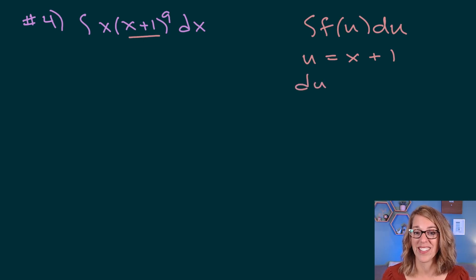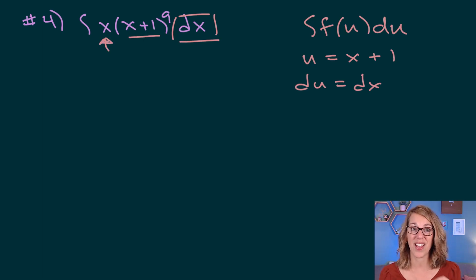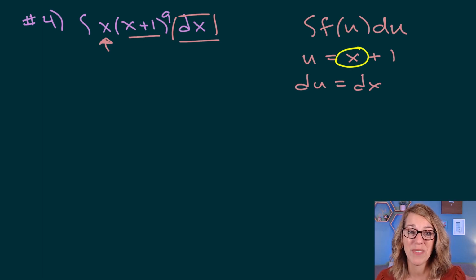I have part of it. The derivative of x plus 1 is just dx. That takes care of the dx here on the end, but it does not take care of the x out here in front. I'm going to do one more thing with that u substitution, and that's to solve this one for x. I also need to replace the x.